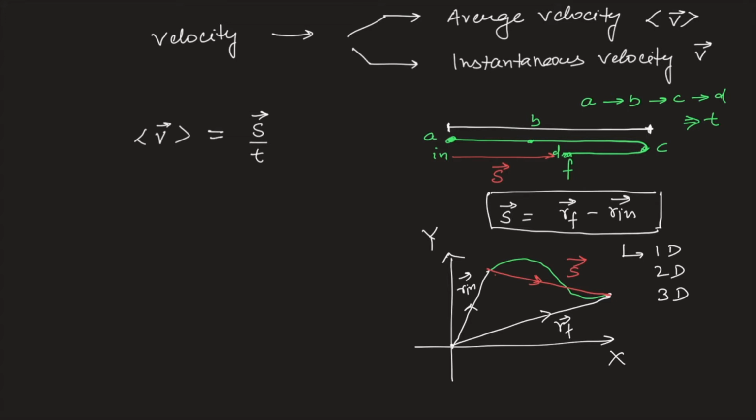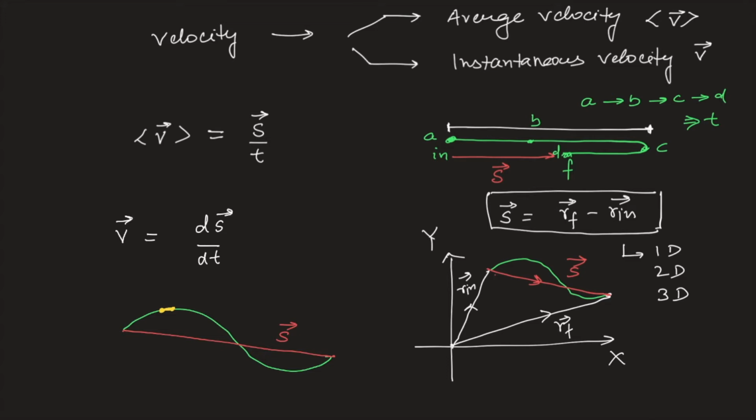Now what was your instantaneous velocity? Your instantaneous velocity was a very small displacement divided by a very small time. So instead of looking at the entire path and the entire displacement, we were just looking at a very small displacement that happened in a very small time.